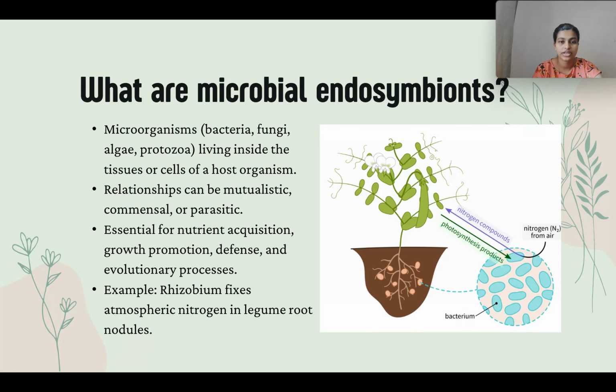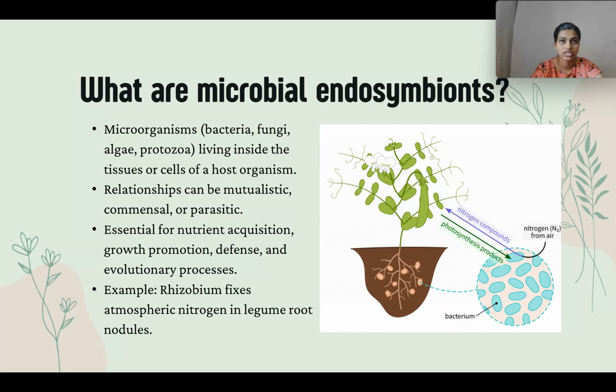Next is microbial endosymbionts. Microorganisms such as bacteria, fungi, algae, and protozoa live inside the host cell tissue and form relationships like mutualism, commensalism, and maybe parasitism, depending on the nature of the interaction.